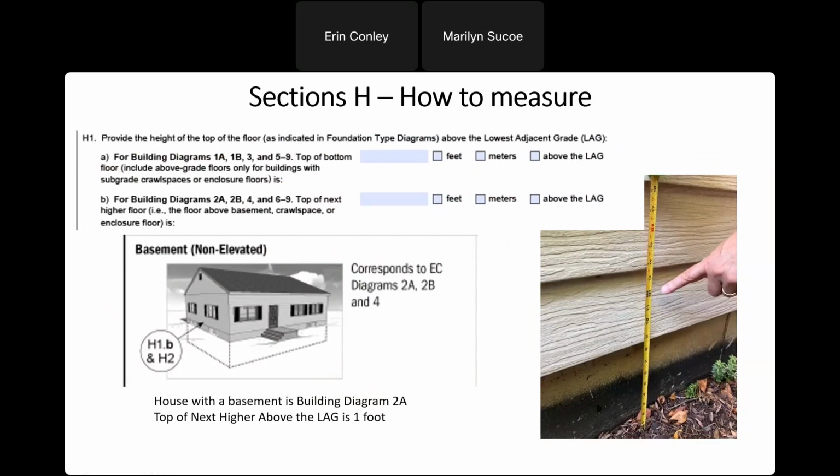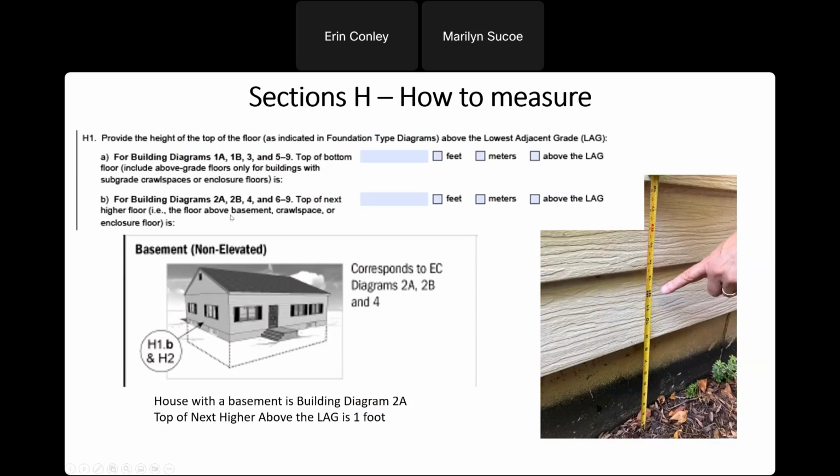Section H is similar, the way you're going to be taking measurements. And let's see, house with a basement is diagram 2A. Top of the next higher floor above the grade is 1 foot in this example. So you would be filling out B. And so they're only giving you the top of the next higher floor.